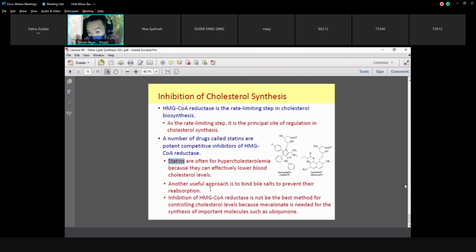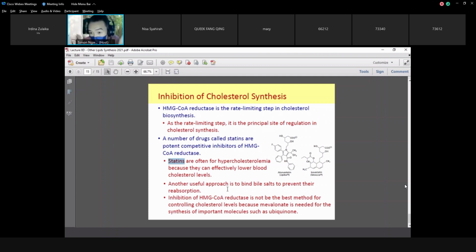The purpose of breaking down is so that you end up generating ATP. But when you synthesize, it comes at the cost of utilizing energy because you want to make something new. So the synthesis process normally involves the investment of ATP.